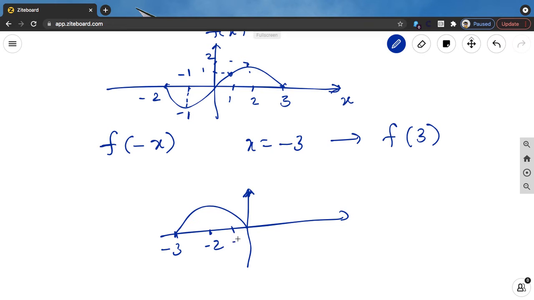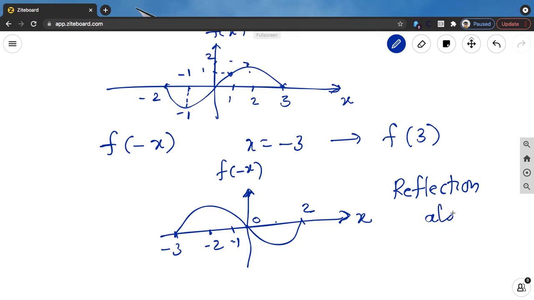I've not drawn to scale, and on the positive side, it will behave like the negative one. This is the graph of f of minus x given the graph of f of x. So I don't know the equation, but all I'm saying is that the function gets reflected along the y-axis. Reflection along the y-axis.